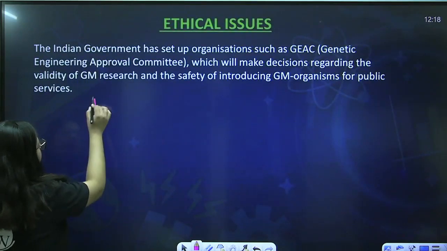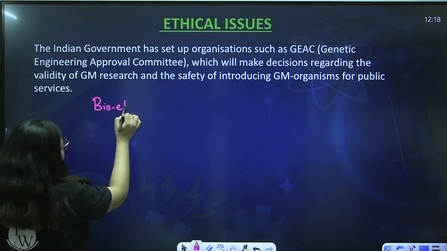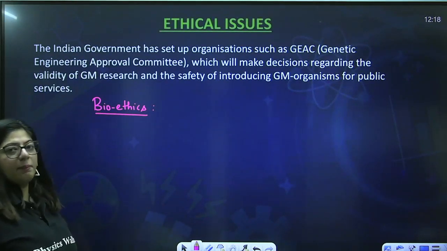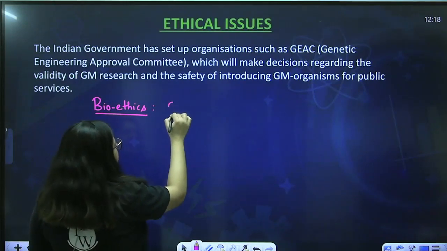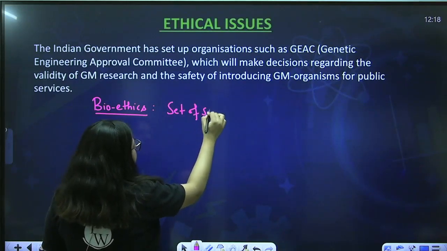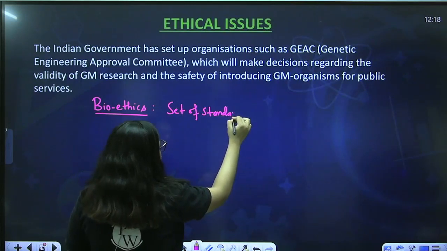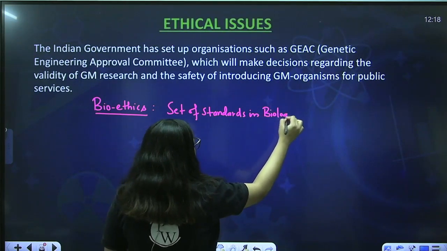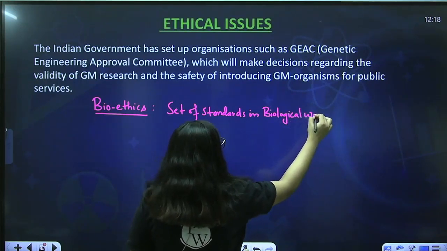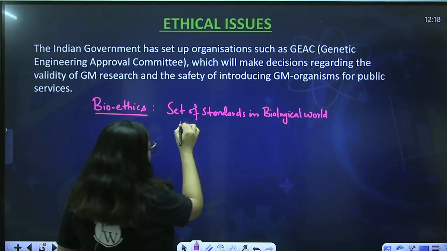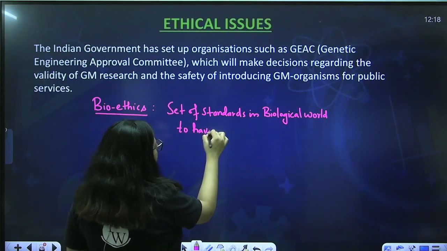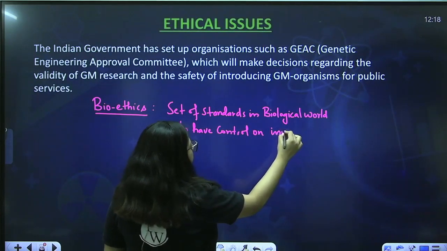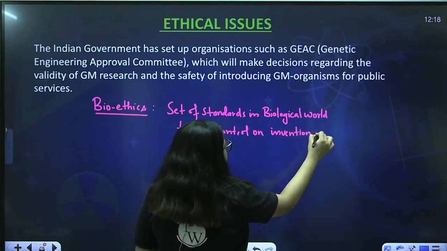So we have a term in our biological field, that is bioethics. What is bioethics? Bioethics is a set of standards in the biological world to have control on inventions and discoveries.